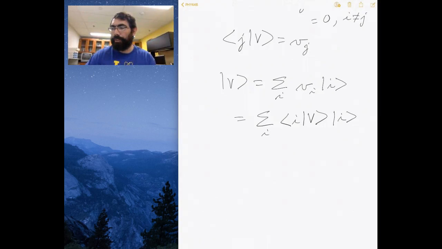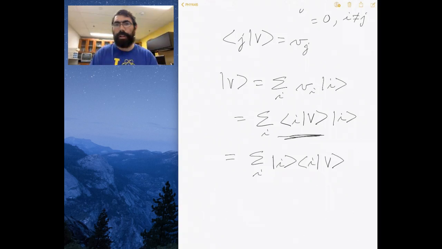The inner product of I projected onto v is just a number. It's a coefficient, so I can move it anywhere I want. A lot of times we like to rewrite this to make it look a little prettier, to have the ket and the bra organized this way. Now we've gotten rid of the notation of the coefficient, and we're only using vector notation, where this inner product is just the projection of that vector on the particular dimension I.